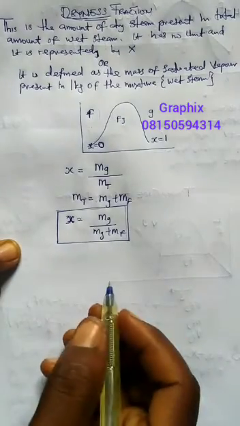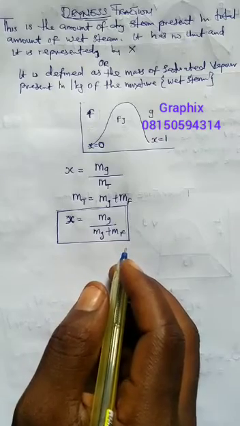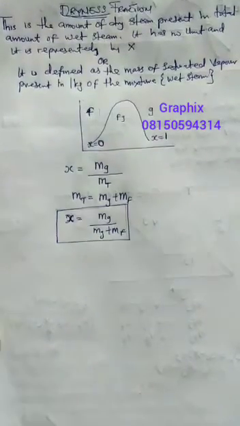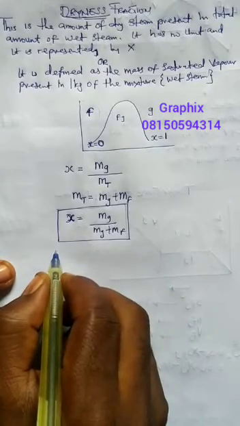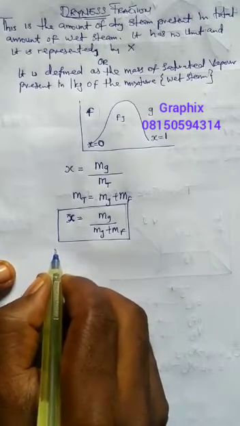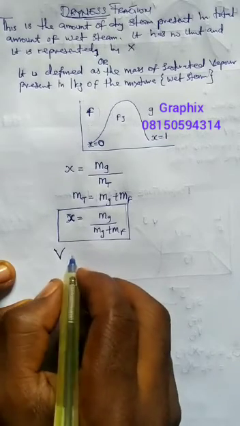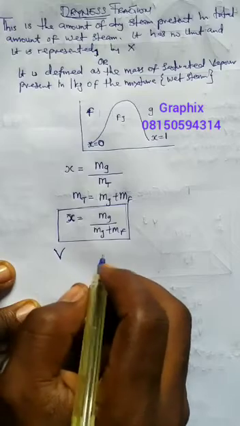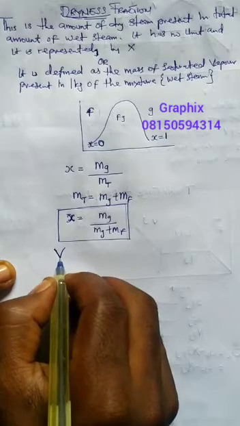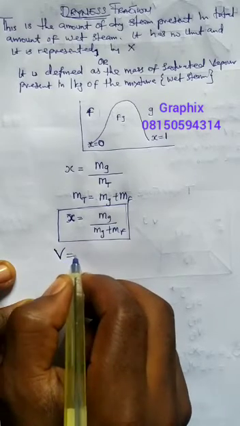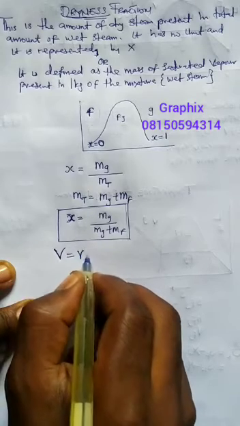Now one thing you also need to know is that when we are given volume and we want to calculate our specific volume, just like I said earlier, we know that our volume is equal to the specific volume multiplied by the mass.